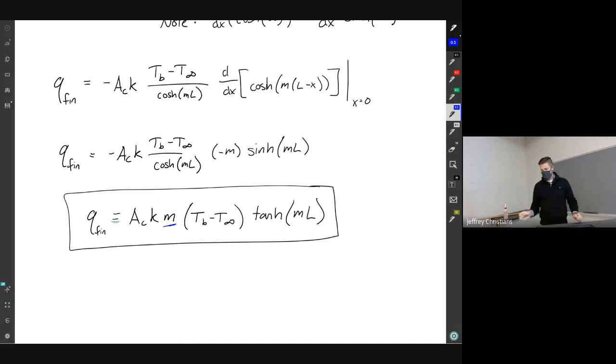The difference between the base temperature and the temperature far away is proportional to that. So it's just linear. We can double or triple the heat dissipated by doubling or tripling the temperature difference. It's going to be directly linear, which is maybe a result that you wouldn't expect. I mean, maybe it makes sense because that's what convection is too. And then it's dependent on the cross-section area and the thermal conductivity.